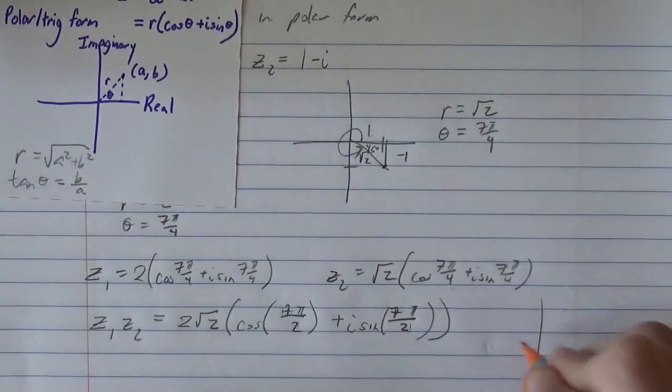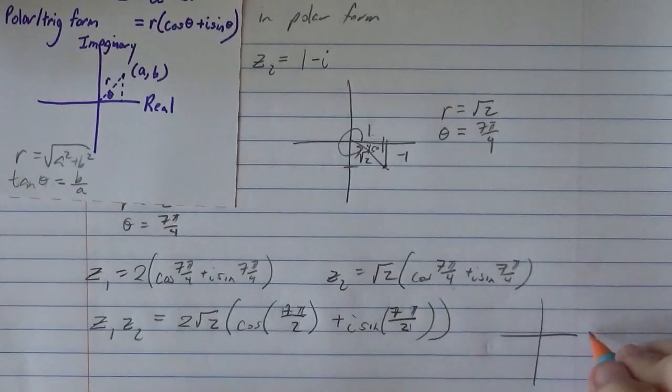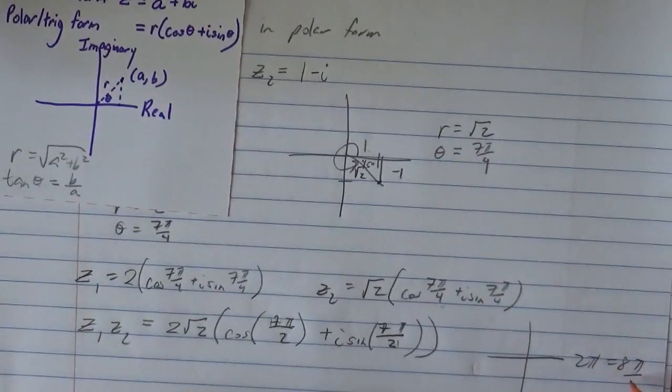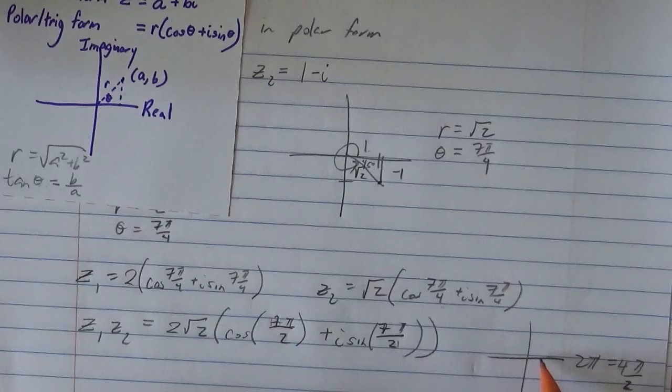And then 7 pi halves is coterminal. Like 7 pi halves is bigger than 2 pi, right? 2 pi is 4 pi halves. And so if I went around, that'd be 4 pi halves, 5 pi halves, 6 pi halves, 7 pi halves puts me right down there. So 1, 2, 3, 4, 5, 6, 7 pi halves puts me down there.